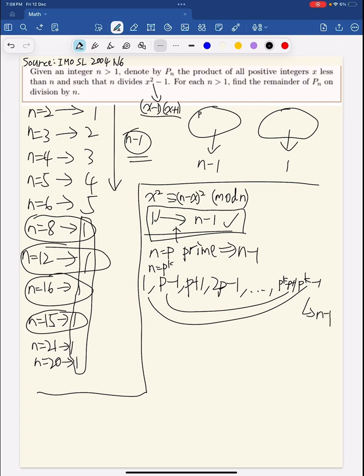However, in the case that p is an odd prime and p is 2, these two are literally equal.